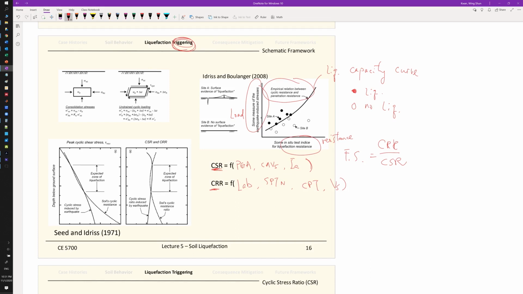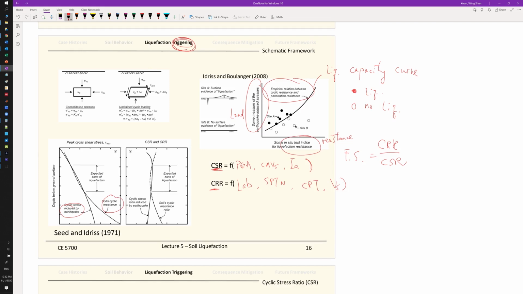And at the end of the day, we try to compare the loading and the resistance. Then we can determine whether the loading is enough to trigger soil liquefaction. This is from the concept paper of Seed and Idriss. They established the cyclic stress induced by the earthquake here, through depth for a particular site, they calculated the loading, and then they established a curve for the resistance part. If this is site specific, this capacity curve right here is called global.